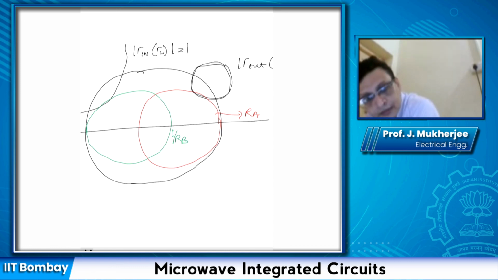So then in this case this represents a potentially unstable system.